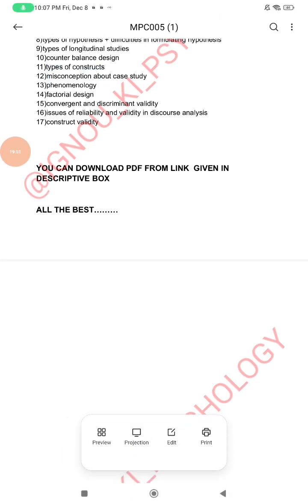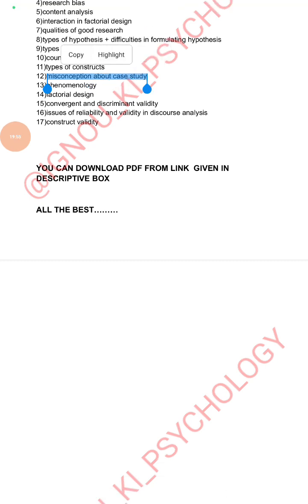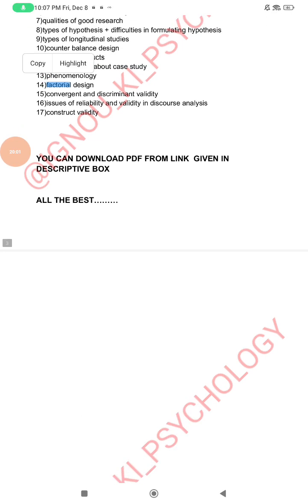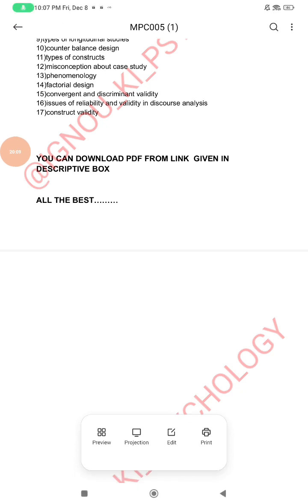Question number 12, misconception about case study. Here you have to mention what the misconceptions in case study are, and what their disadvantages are, etc. Question number 13, phenomenology. Phenomenology is basically a type of research that seeks to explain the nature of things through the way people explain them. हम चीज़ों को एक्सपीरियंस कैसे करते हैं, इसे फिनोमेनोलॉजी कहते हैं.